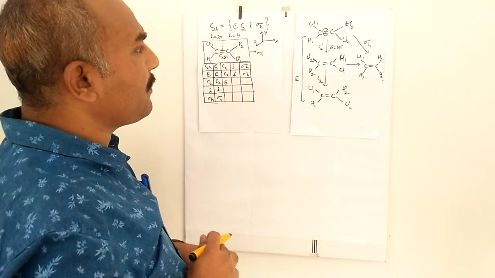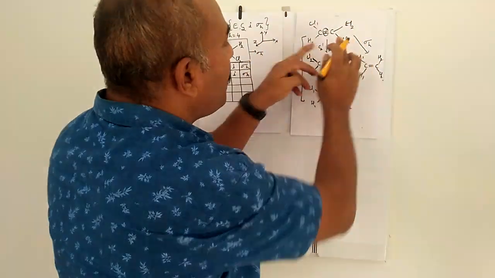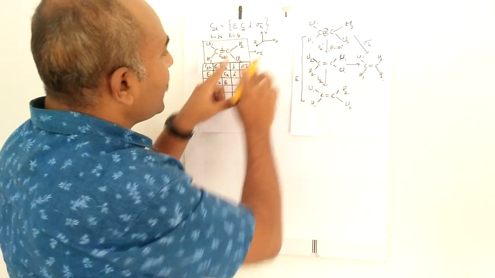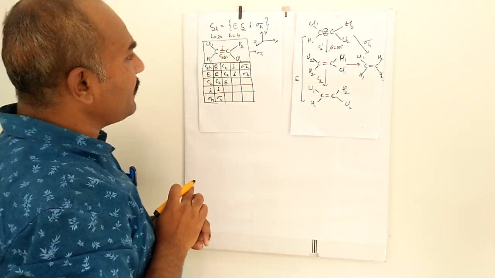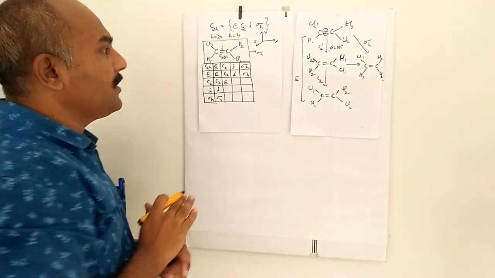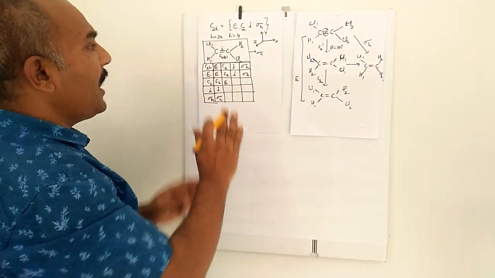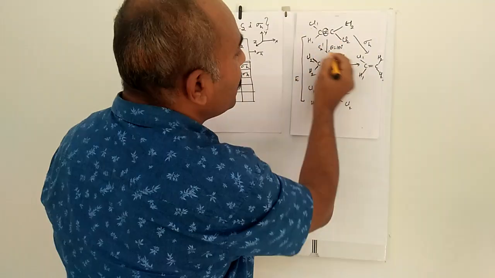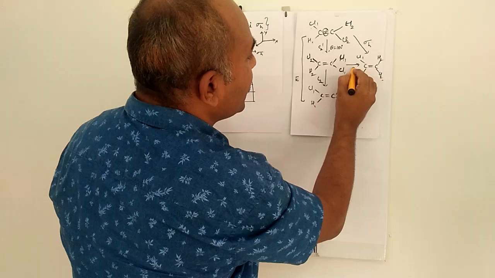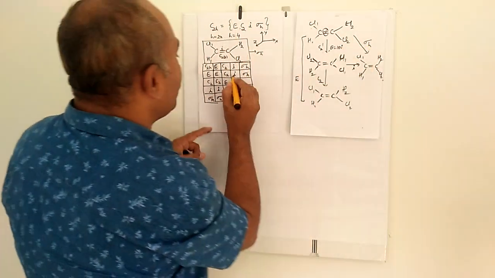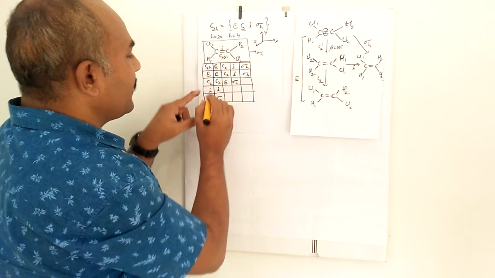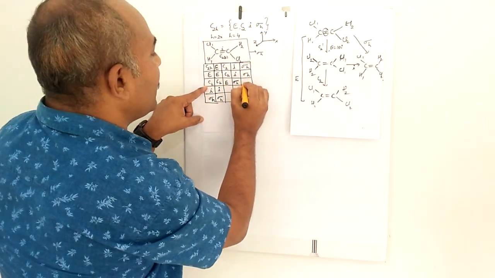Sigma h means the horizontal plane, which is nothing but the molecular plane. All the atoms are cut through this plane and the positions will not change, they remain. Hence C2 followed by inversion center gives the answer sigma h. The one element left in this row is nothing but the inversion center.